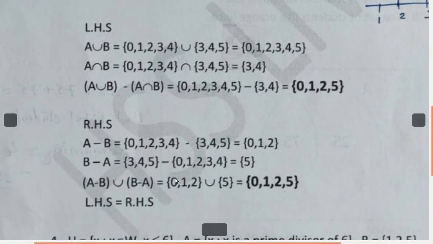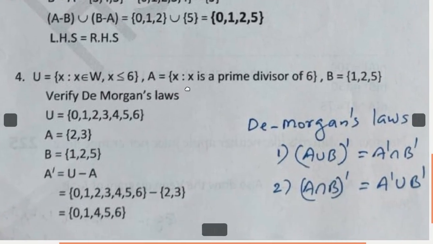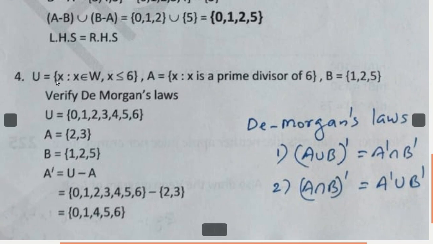Then what about this question? Question number 4. U, which means the universal set, the big set. For this question, U can be taken as a universal set. U is equal to the set of X such that X belongs to W. What is W? The set of whole numbers. What are whole numbers?